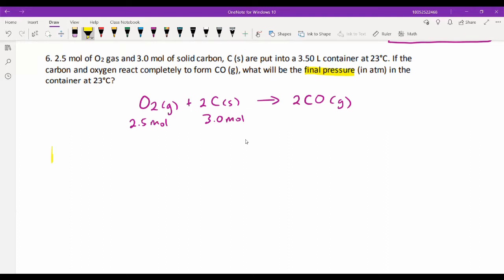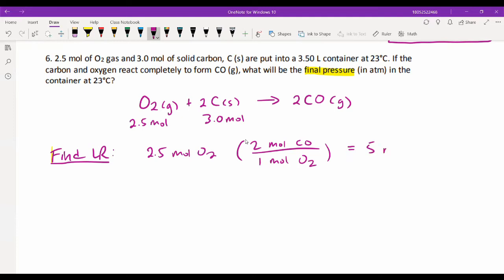Okay, so we're going to find the limiting reactant. I'll do it the normal way, where we take the moles of oxygen and convert to moles of product.